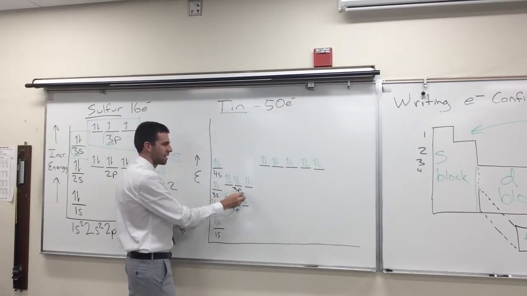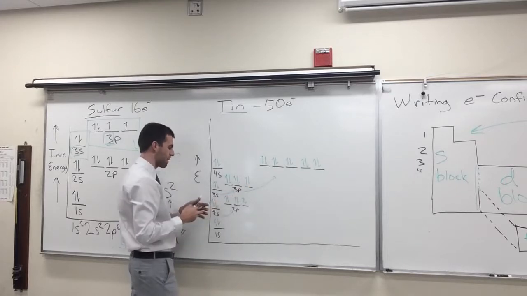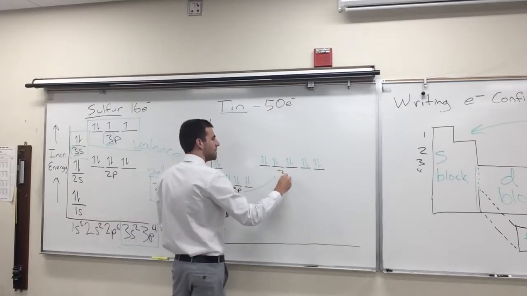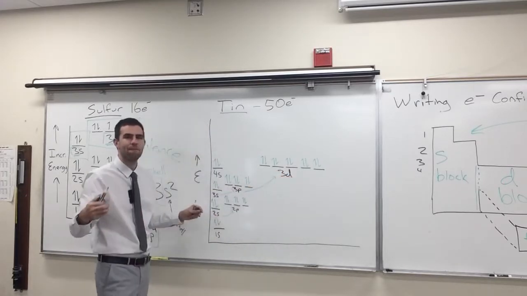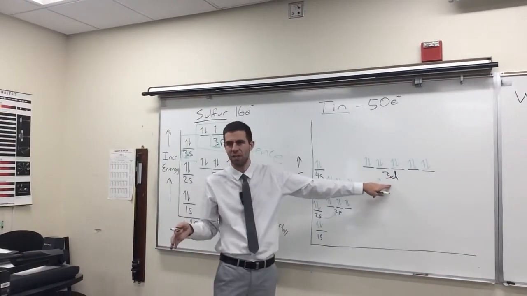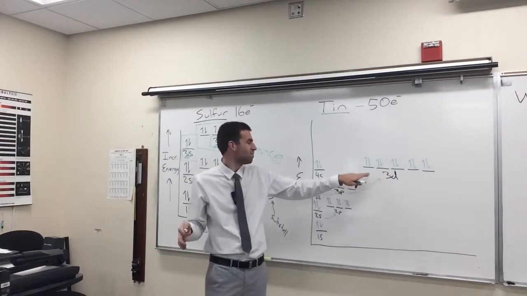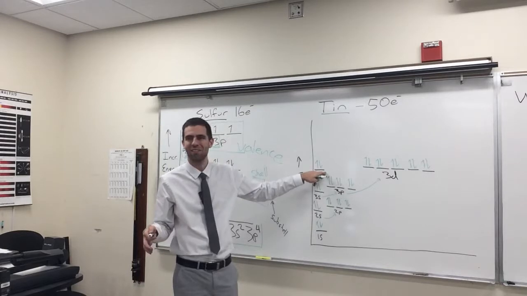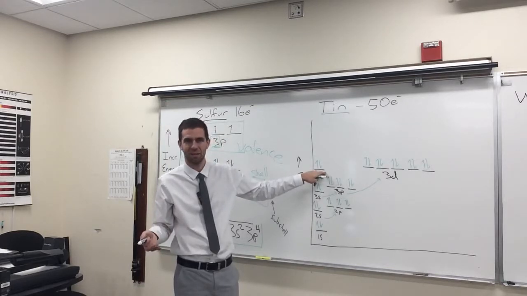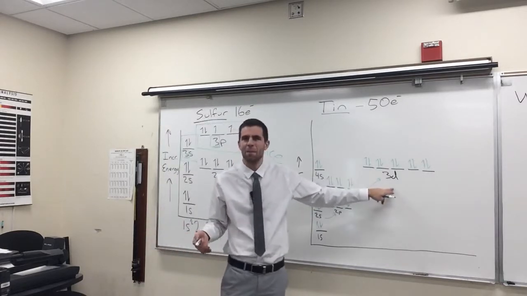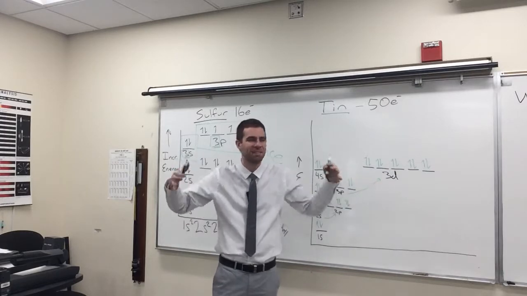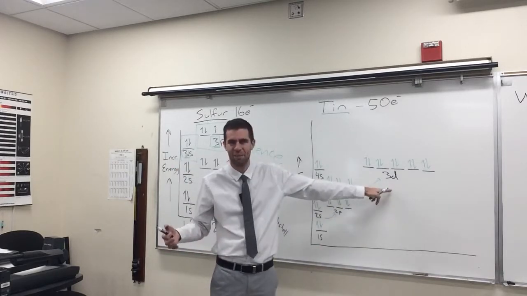But then what does that mean? 3d is even higher energy. And in fact, 3d is such high energy that it is higher than 4s in energy. Why do we call it 3 then? Because physically it's the same size as the other 3s. Does that make sense?